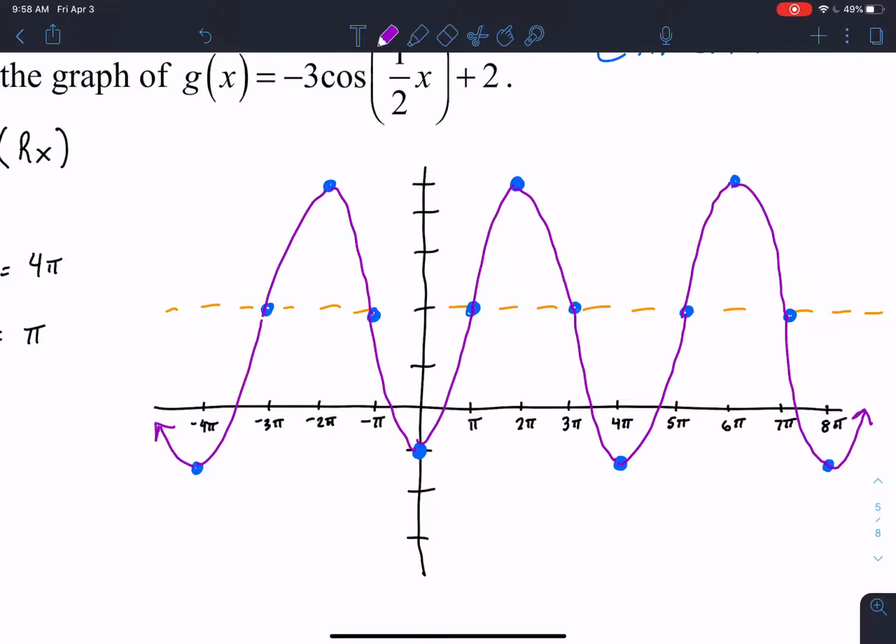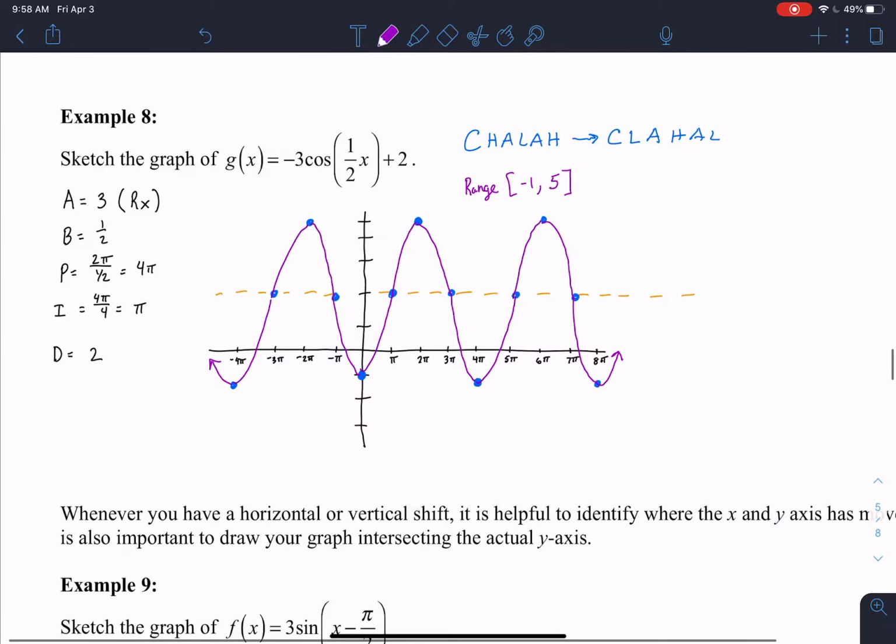All right, and then that would be your graph. All right, so now because of the shift, your range is going to go from negative 1 all the way up to positive 5. Okay, so just something to be aware of.